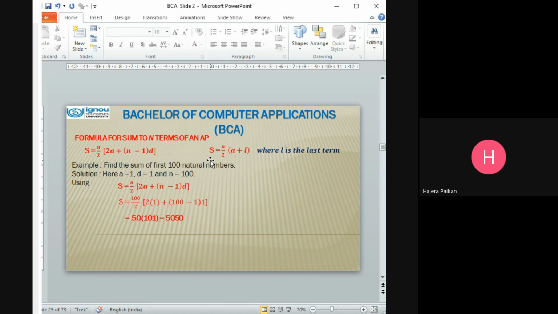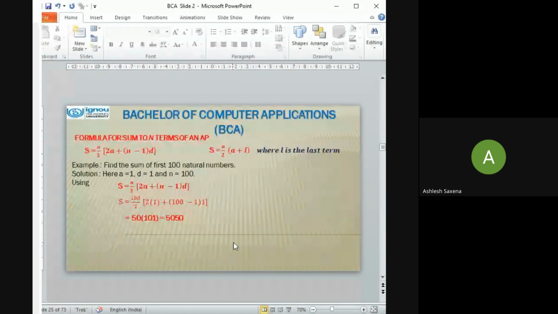If yes, then how? Yes, we can, because we have the first term and also the last term. The first term is 1 and the last term is 100. Excellent. And your n is 100. 100 plus 1 is 101, and into 50 you will get the same thing, 50 into 50.